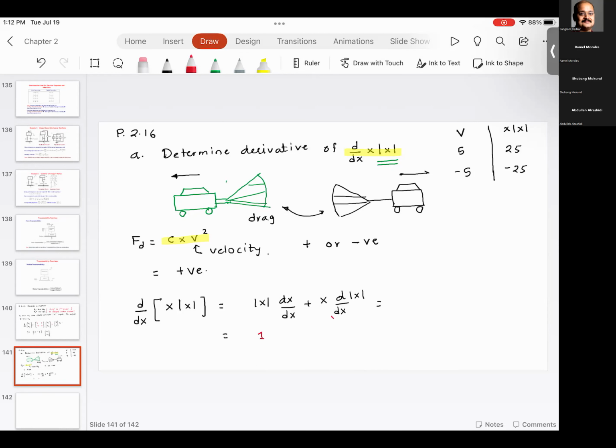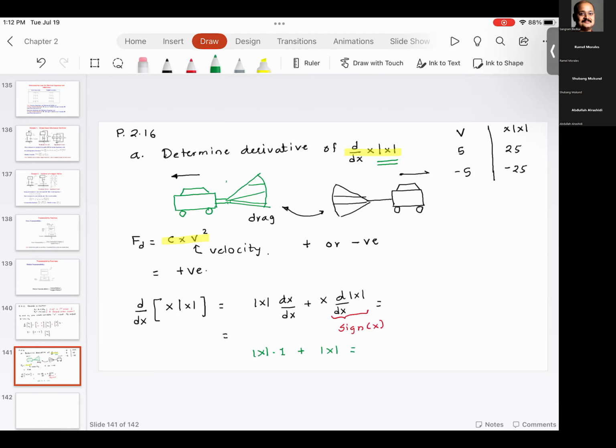and this guy is sign of x. So this becomes x multiplied by norm x, 1 plus norm x.